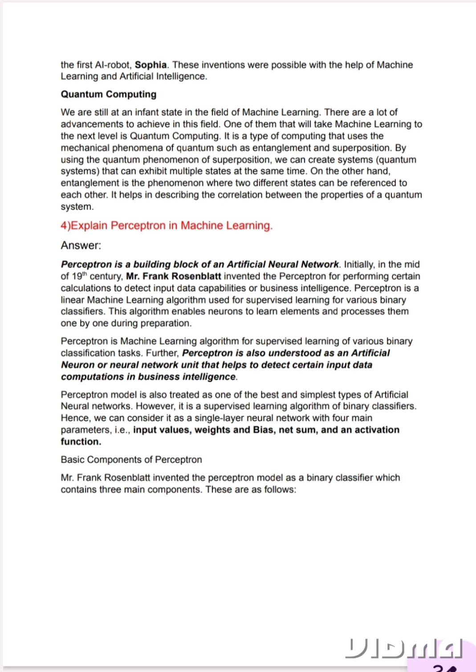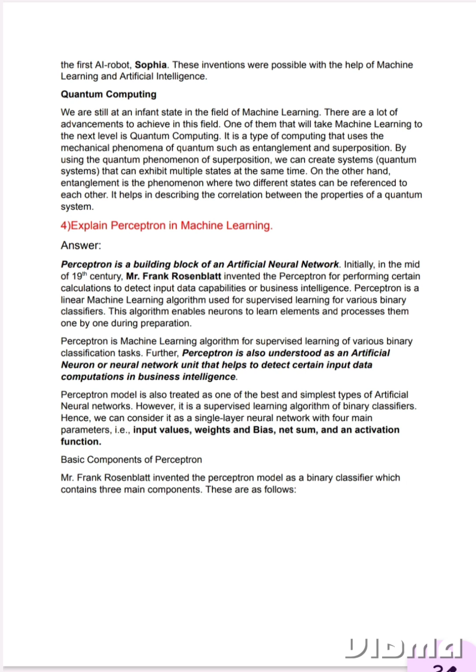Further, perceptron is also understood as an artificial neuron or neural network unit that helps to detect certain input data computations in business intelligence. Perceptron model is also treated as one of the best and simplest types of artificial neural networks. However, it is a supervised learning algorithm of binary classifiers.